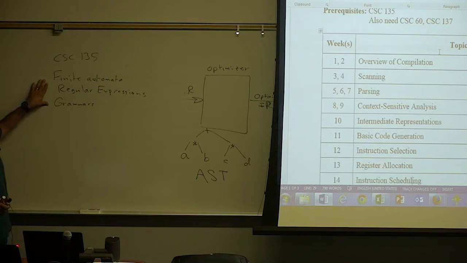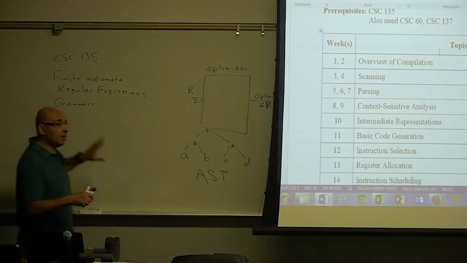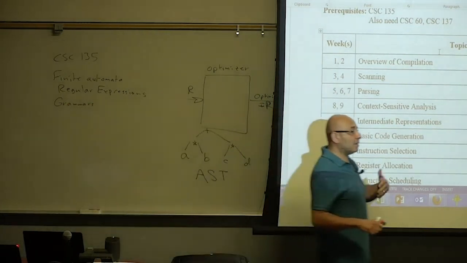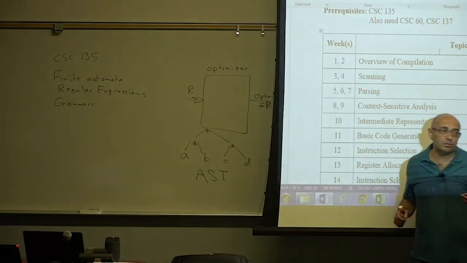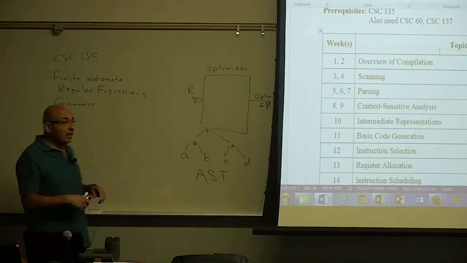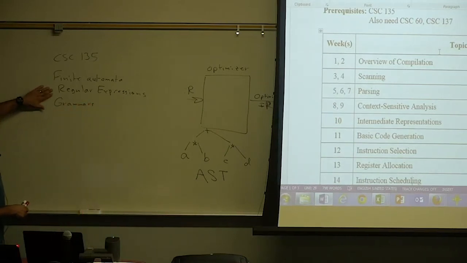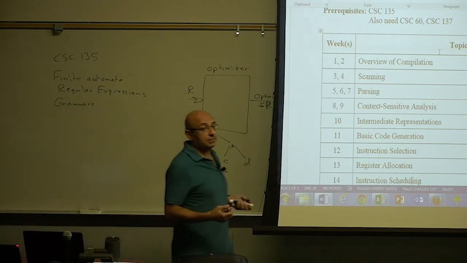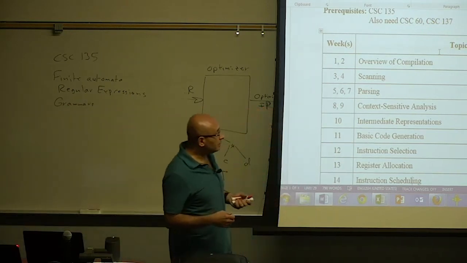Now, is there anyone who hasn't taken 135? So everyone here has taken 135. So this means that the concepts of 135 will be reviewed fairly quickly in this course. So we will be learning how to use finite automata, regular expressions, and grammars to build a compiler. Okay.